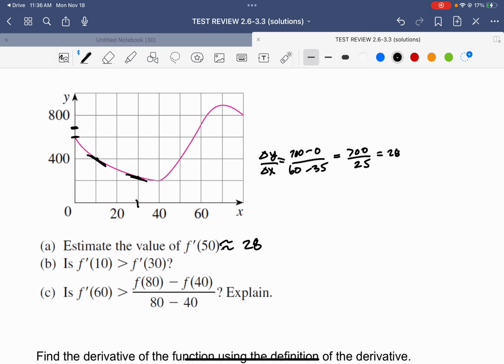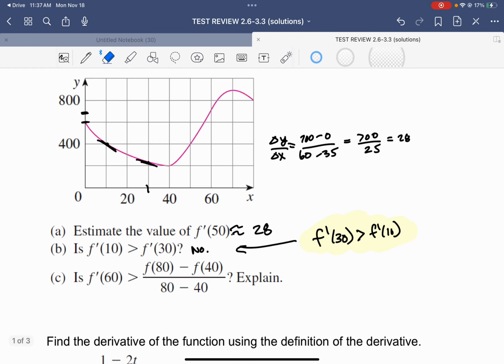It looks like this one is a little more negative. So I think this is a no. The derivative at 30 is actually bigger on the number line than the derivative at 10, because the derivative at 10 is more negative. So that'd be a no.